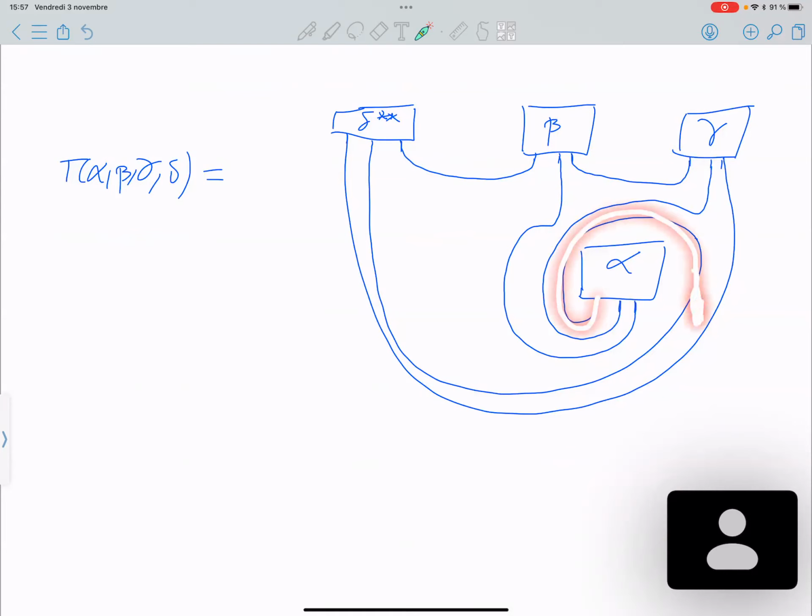Then this becomes the first, second, third, and you really have the form we want. So it is equal to rho of alpha, delta double star, beta, gamma, which is what we wanted to prove.